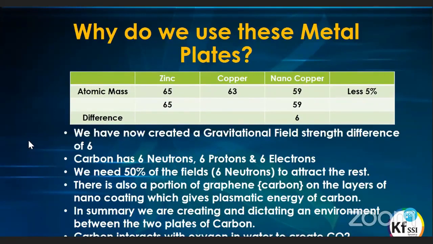There's also a portion of graphene or carbon on the layers of your nanocoating, which also gives the plasmatic energy of carbon. So we're creating and dictating an environment between the two plates of carbon, so that the carbon interacts with the oxygen in the water to create our CO2.